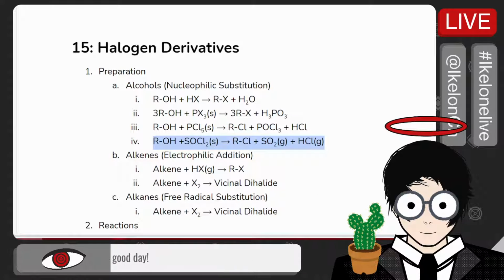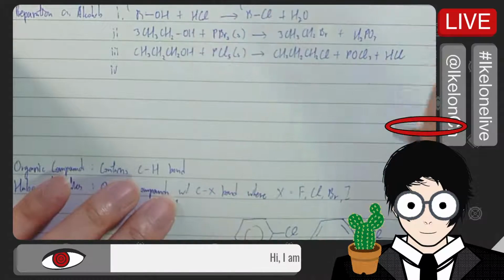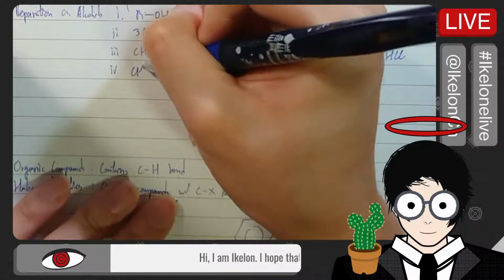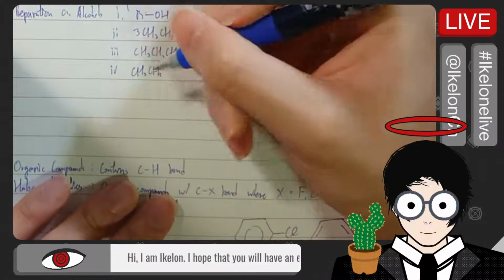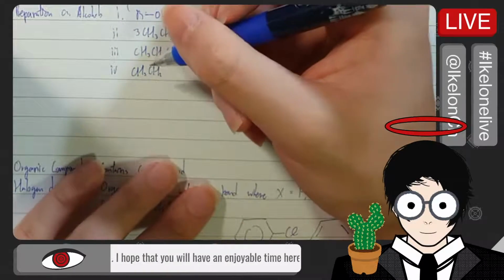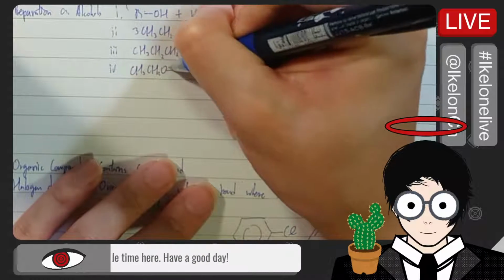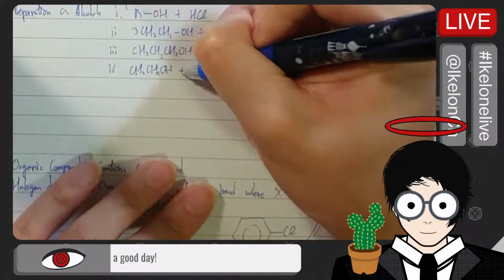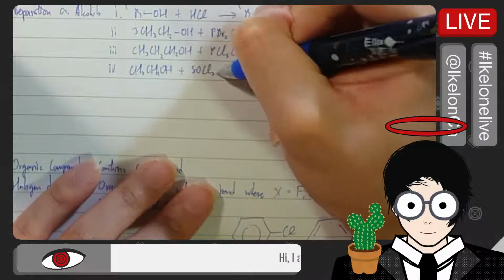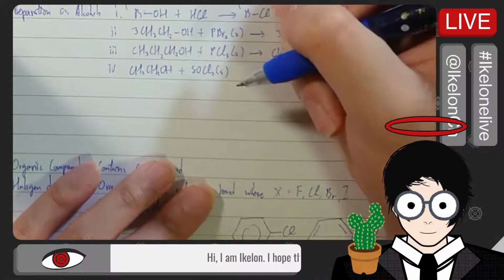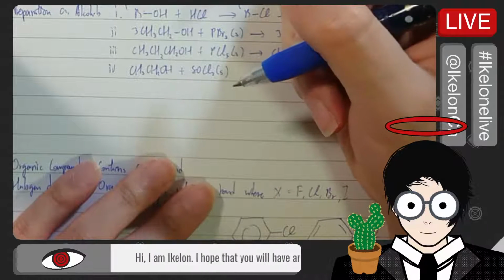So let's get back to the paper. It would be like CH3CH2, oh, I forgot the OH functional group. OH plus SOCl2 and anhydrous yet again. I think I forgot to explain what anhydrous means.